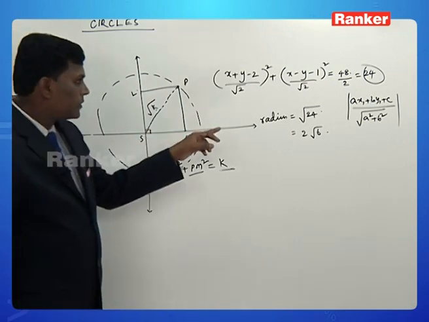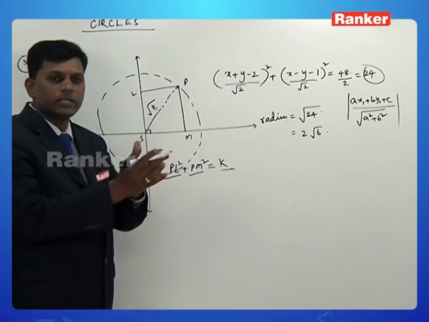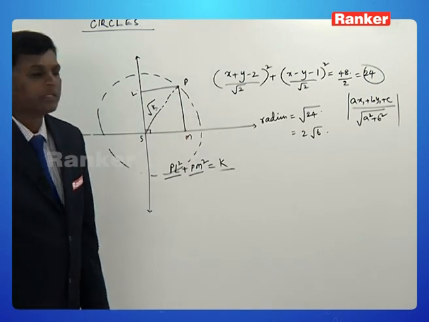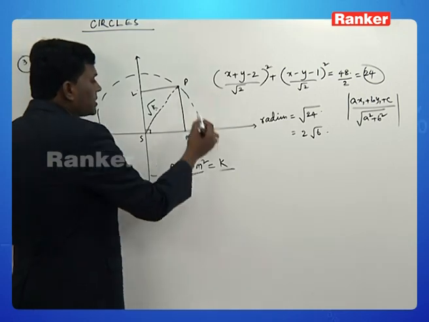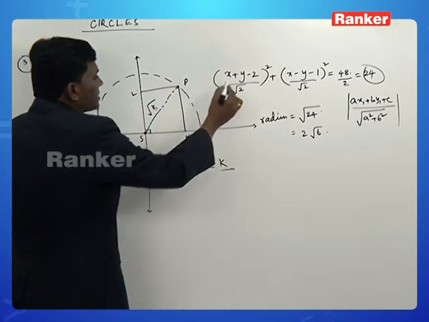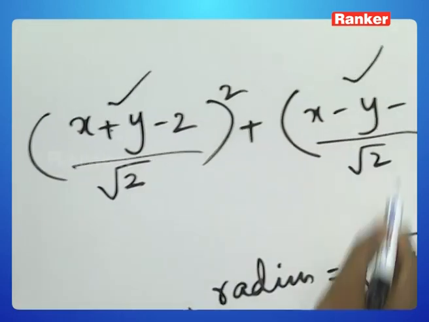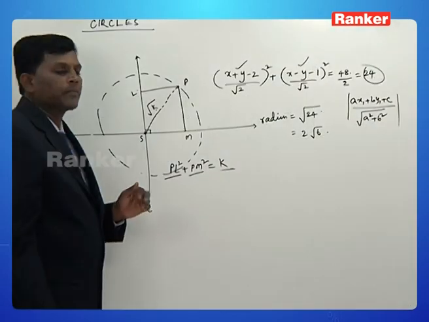if you have to find the center of this one, we need not expand the complete equation. Avoid expansion, and we know that if it is representing a circle, the point of intersection of these two lines will give you straight away the center.